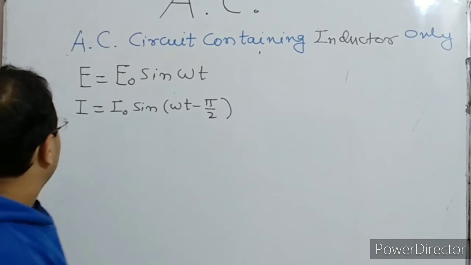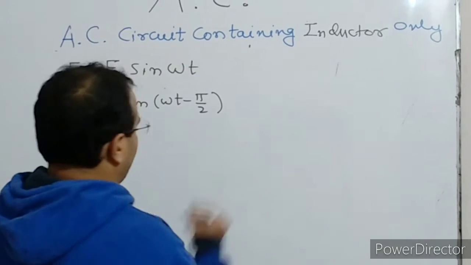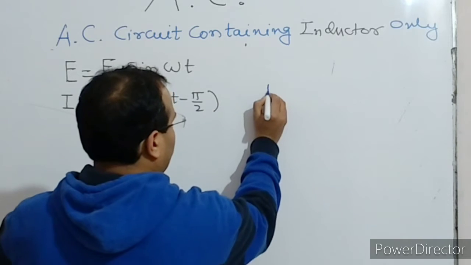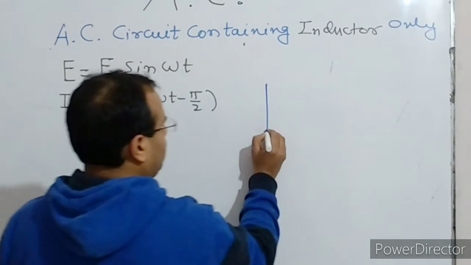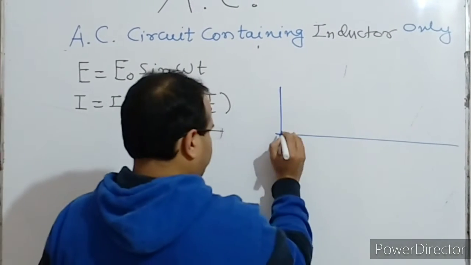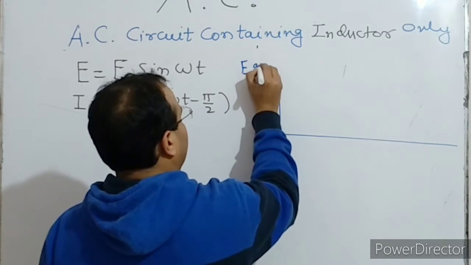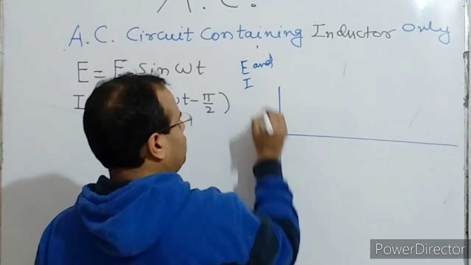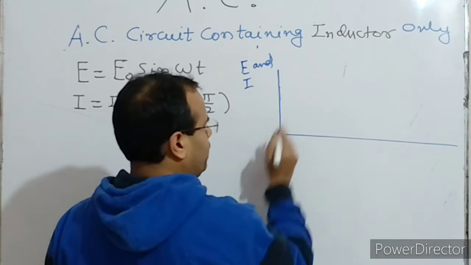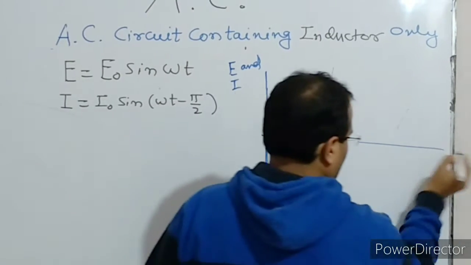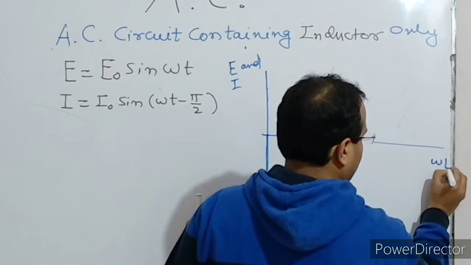When we say that current is lagging behind the EMF, suppose we plot a graph like we plotted earlier also. Here E and I both we are plotting on the y-axis, and on this axis it is omega t.